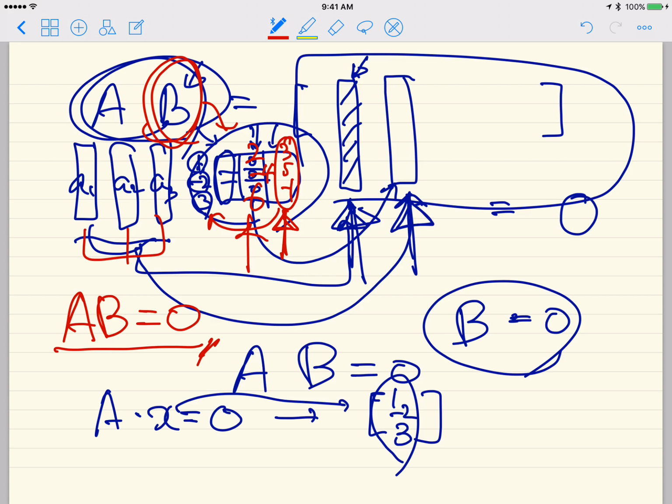In that case, should the columns of A be linearly independent or dependent? Dependent or independent? Why do you think it should be independent? Okay. So for those who think it should be linearly dependent, why do you think so?